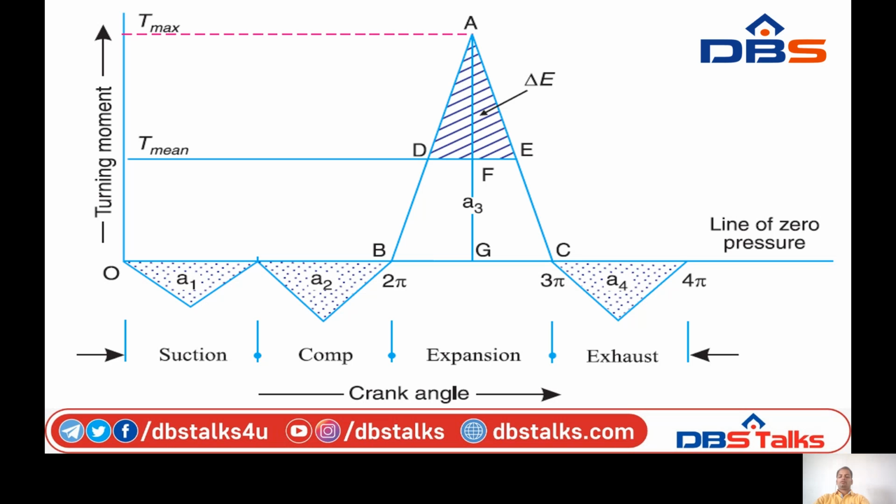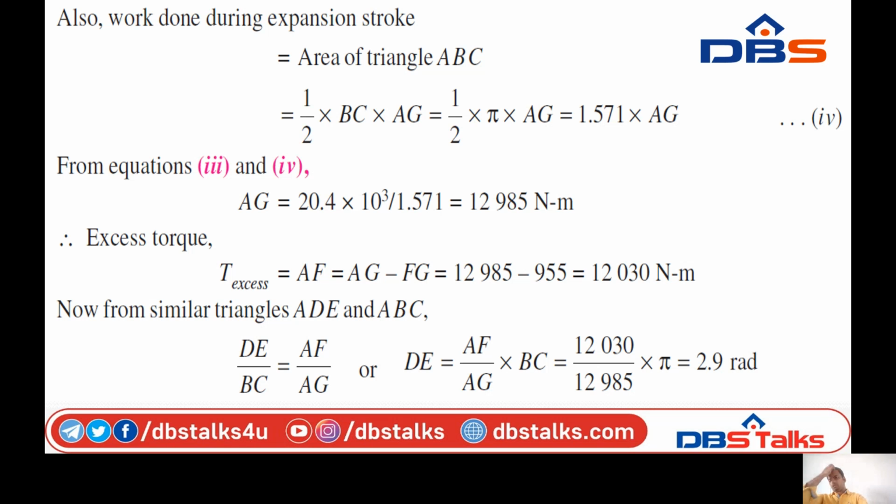So half into pi, 3.1417, that is approximately 1.571 into AG. From the equation we have previously taken, the work done for expansion is 20.4 into 10 to the power of 3, and the work done during the expansion stroke must be equal. So by matching that, AG is equal to 12,985 newton meter, the excess torque.